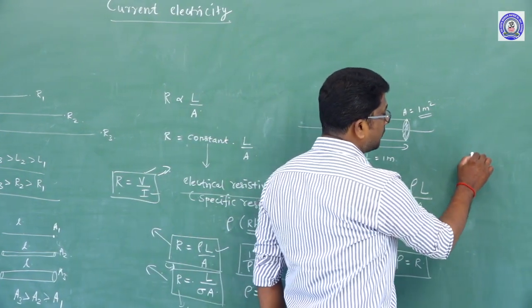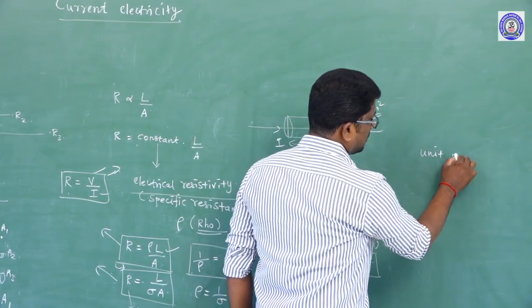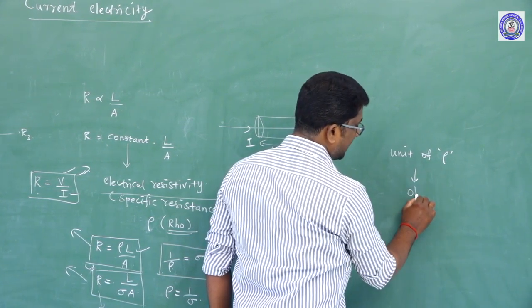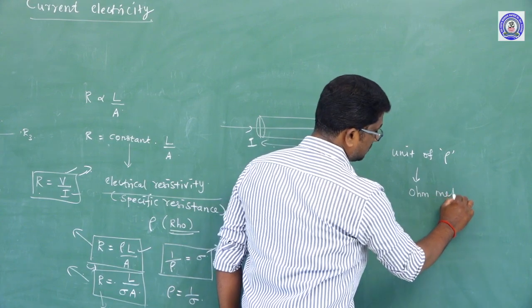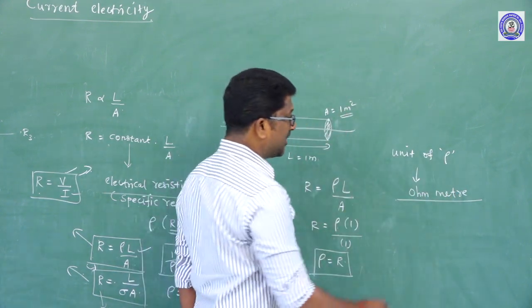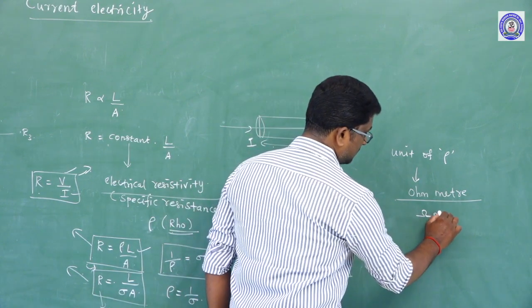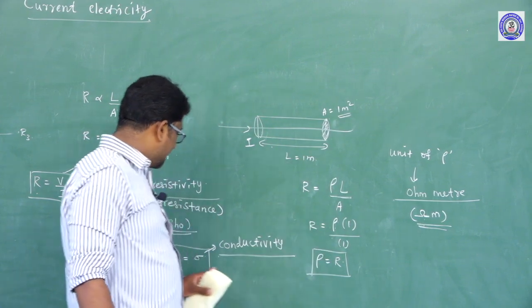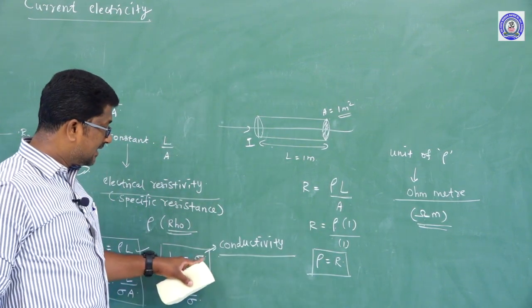And the unit of electrical resistivity, that is rho, is ohm meter. The unit of electrical resistivity is ohm meter. The reciprocal of electrical resistivity is called electrical conductivity.